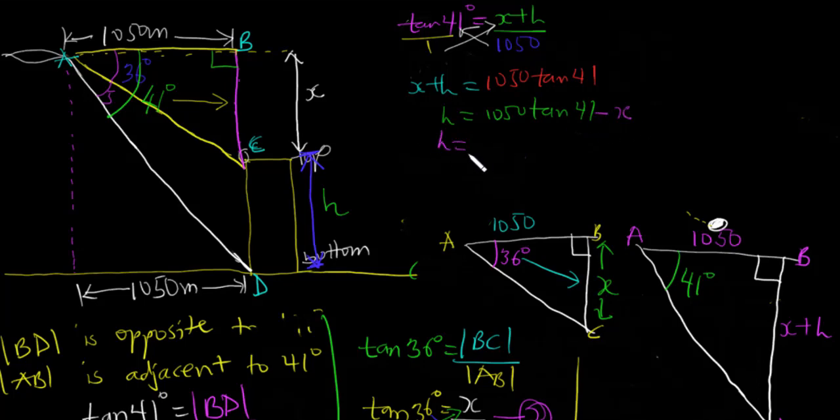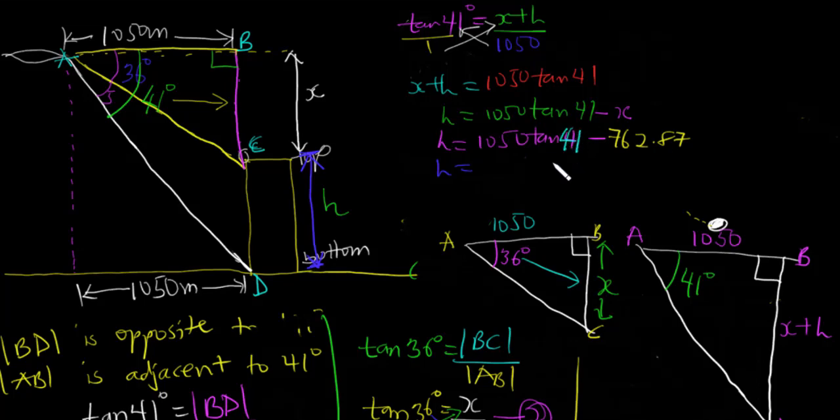So h is equal to 1050 tan 41 minus x, which is 762.87. Okay, so h equals 1050 tan 41. Yeah, 41 here.